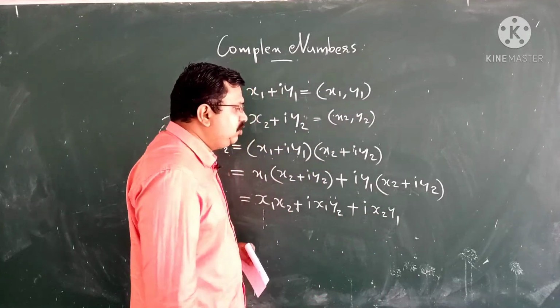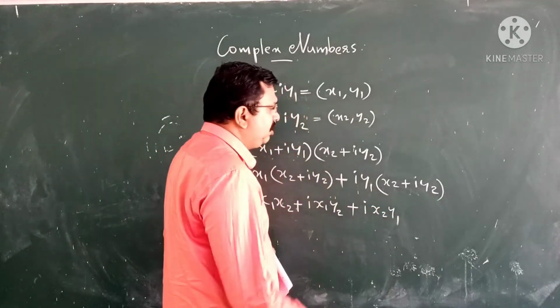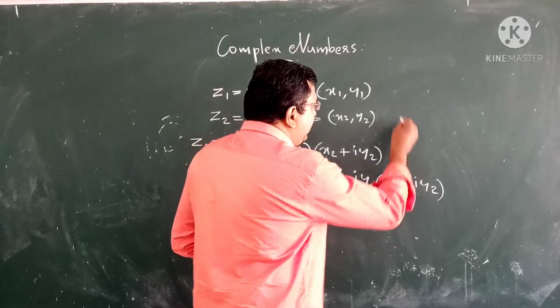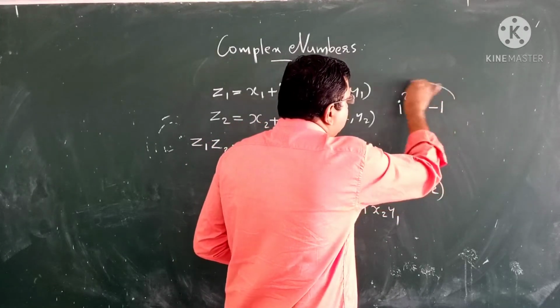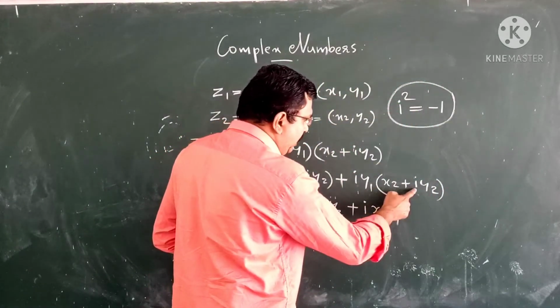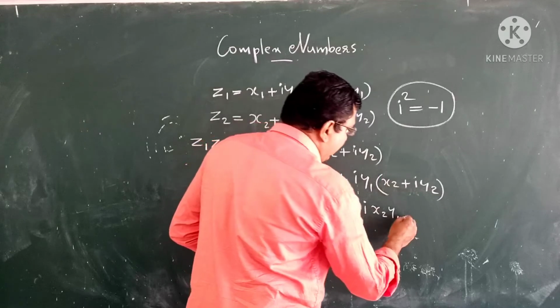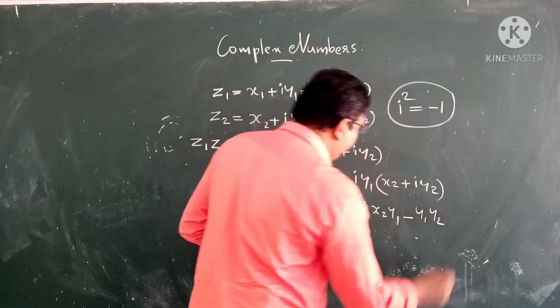Next, the last one is iy1 into iy2. Remember that i into i is i square. Remember that i square is minus 1. Therefore, i square y1 y2 is minus y1 y2.